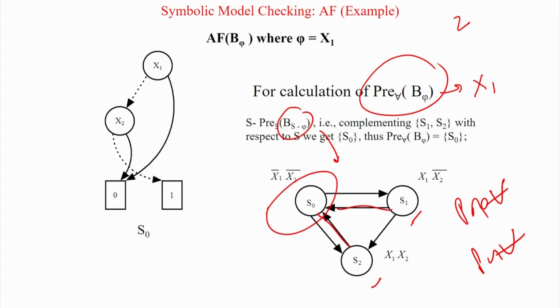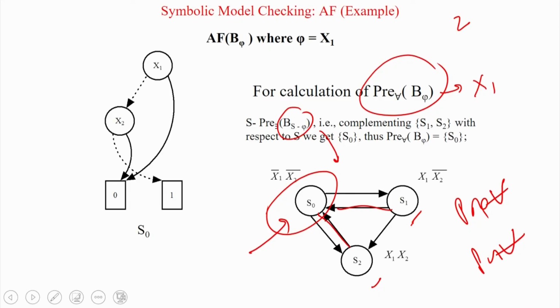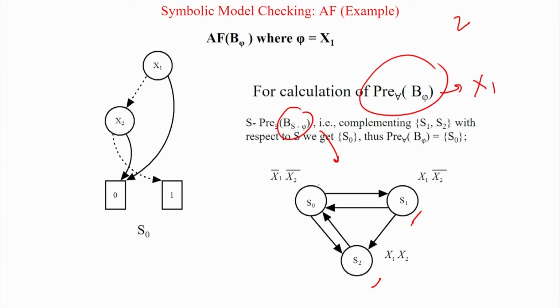If you subtract S1 and S2 from the entire state space, you get state S0, which satisfies the case where in the next state phi is equal to true. That is, from this state, all transitions lead to states where x1 is going to be true. So pre for all x1 is satisfied only in the state S0.